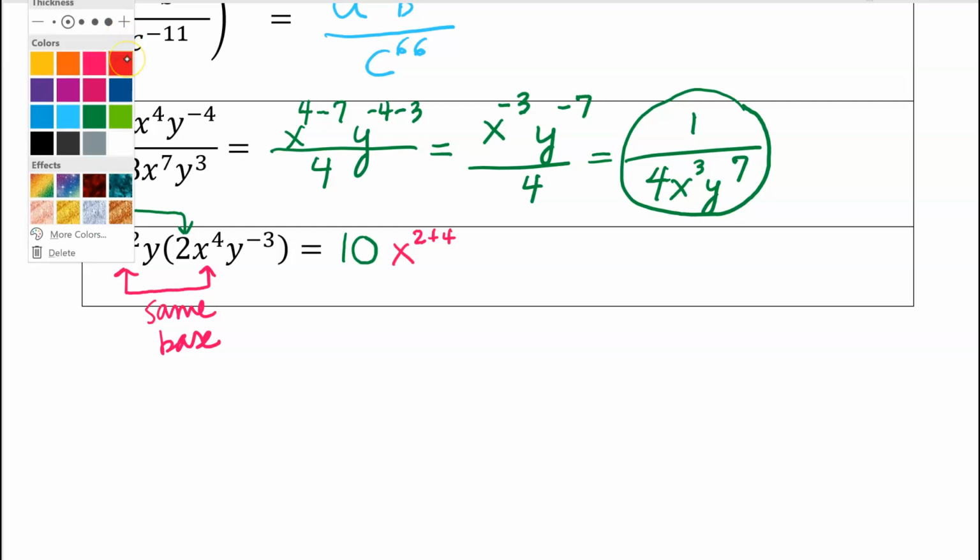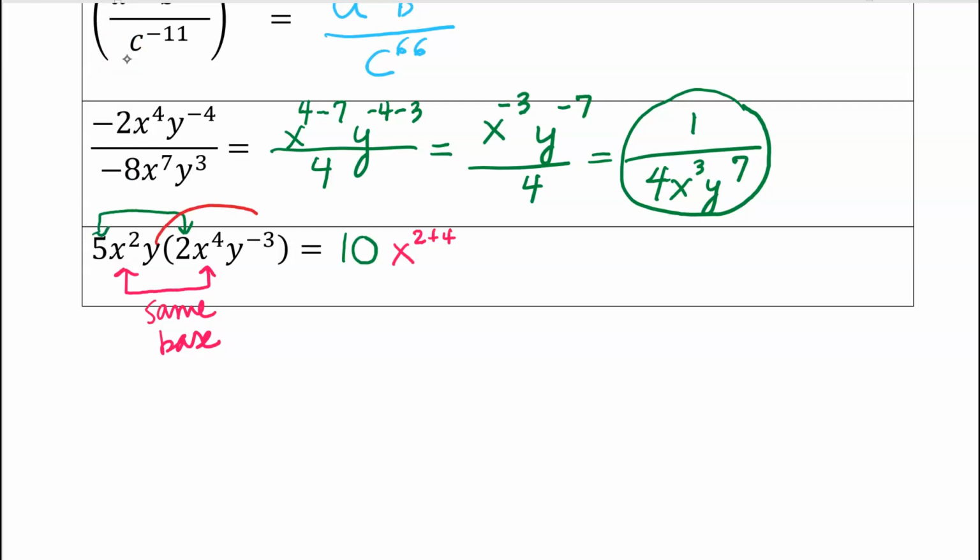We also have y and y to the negative 3. So y is to what exponent? 1 plus a negative 3. So we have 10 x to the 6 because 2 plus 4 is 6.